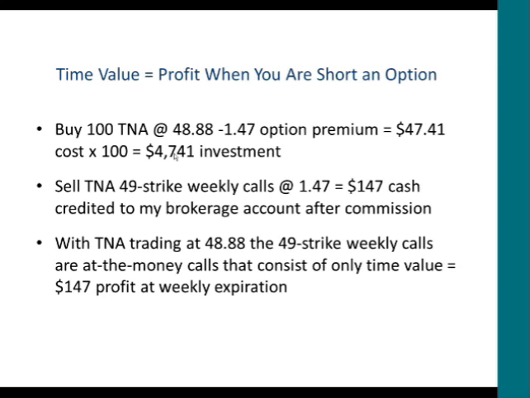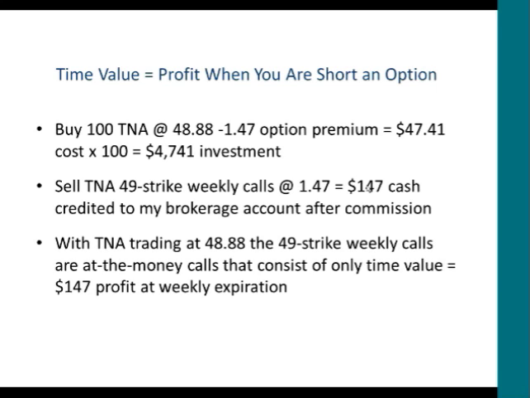So this time premium here, of course, is profit at expiration, and because this was all time premium, it was an out of the money call, I'll collect $147 in time premium, regardless of the price move of the underlying ETF.